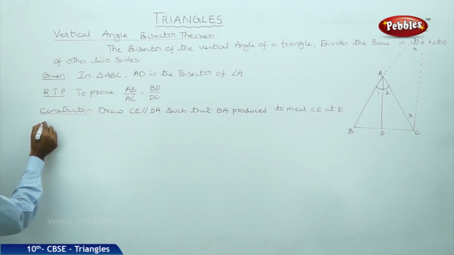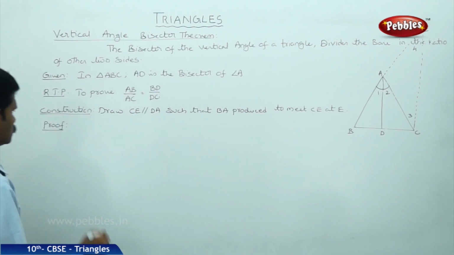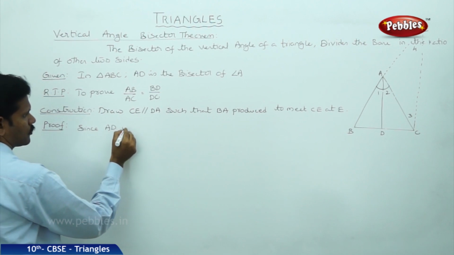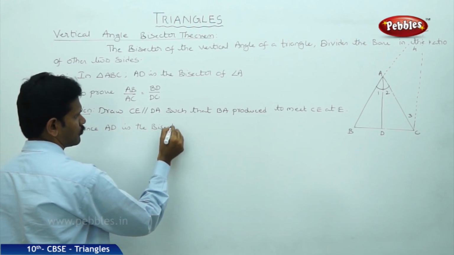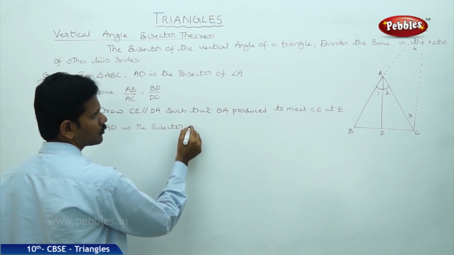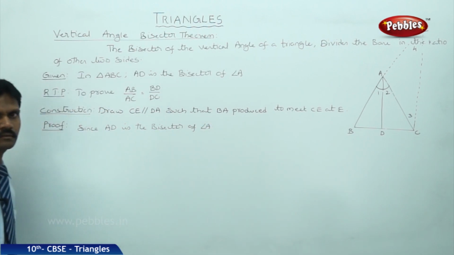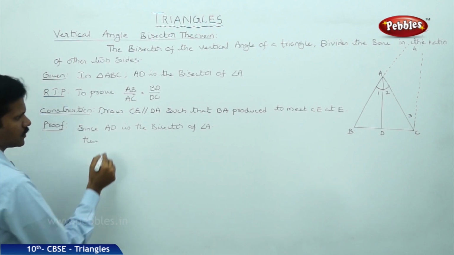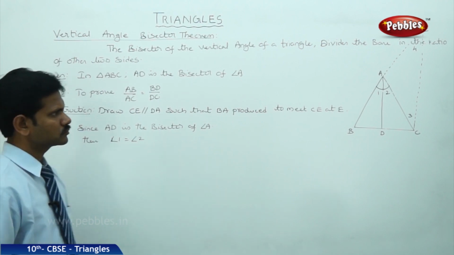Now proof. Since AD is the bisector of angle A, we conclude that angle 1 is equal to angle 2.